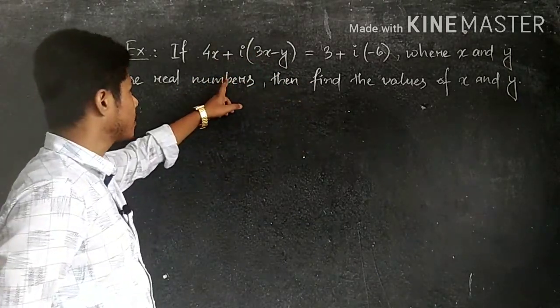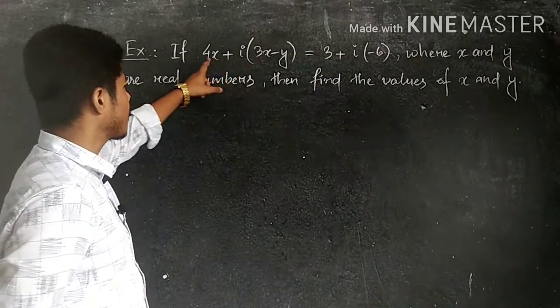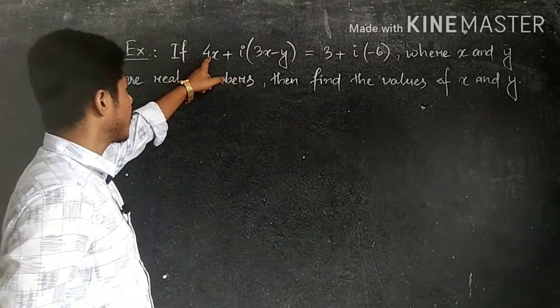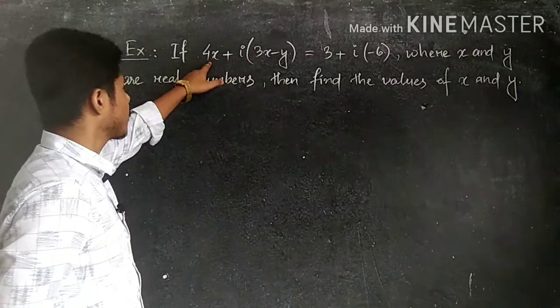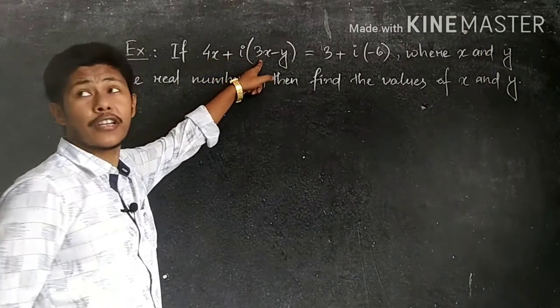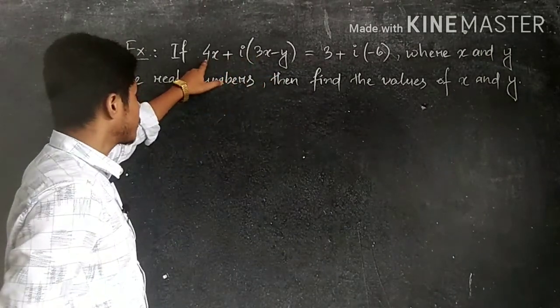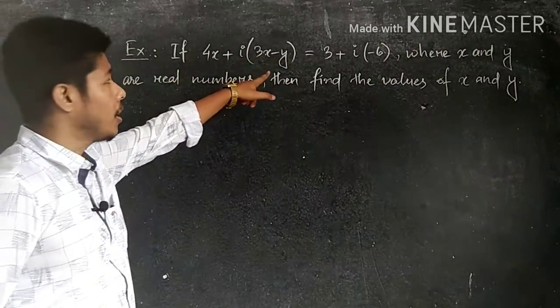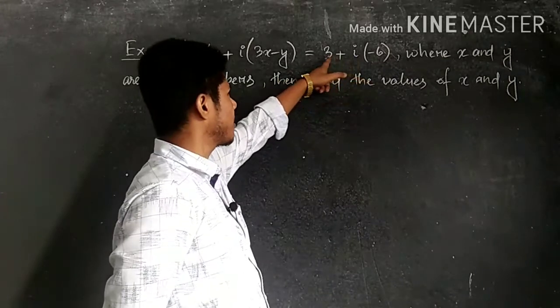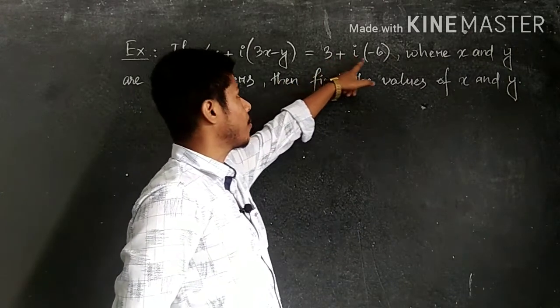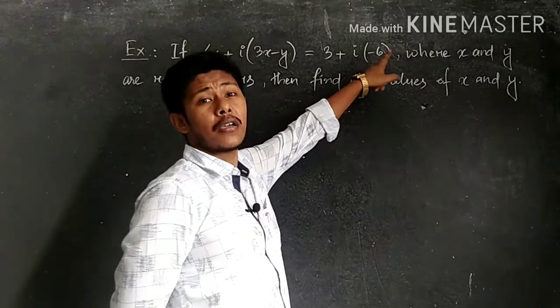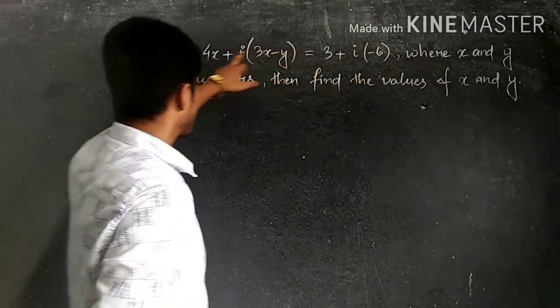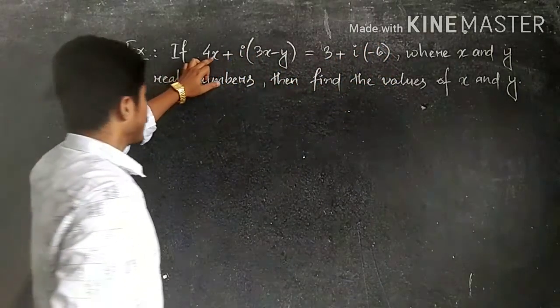Identifying the parts in the form a plus ib: a is 4x, and b is 3x minus y. So 4x is the real part and 3x minus y is the imaginary part. Similarly on the right, 3 is the real part and minus 6 is the imaginary part.